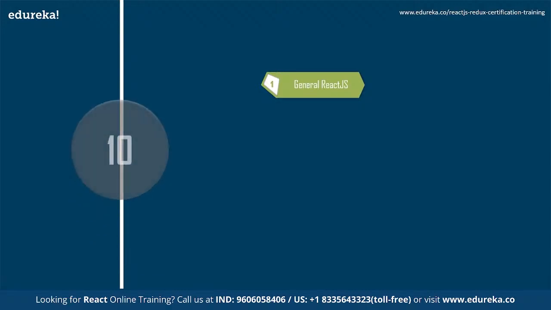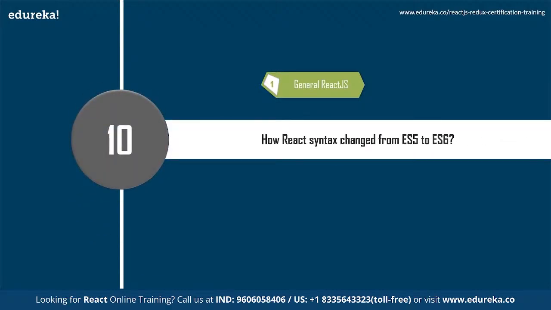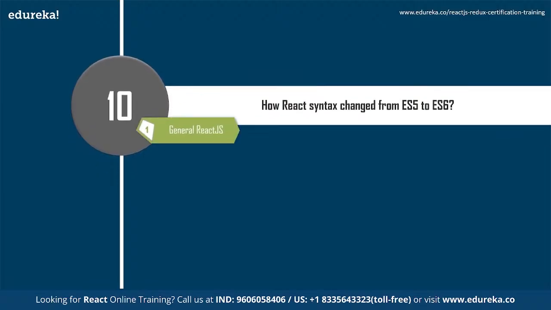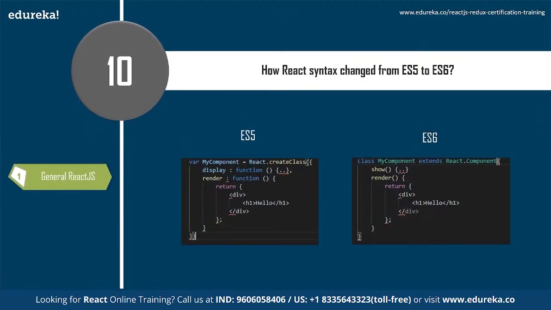Now let's see the answer for the next question, which is, how React syntax changed from ES5 to ES6. As you can see on the screen, the code snippet for ES5 and ES6. In ES5, we use React.createClass, which we initialize in a variable. For example, here we have taken MyComponent.